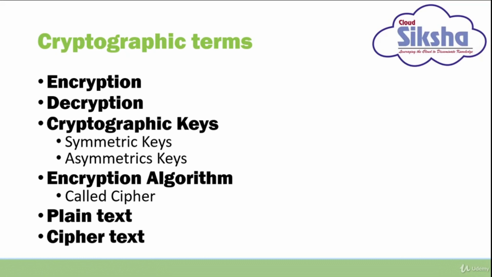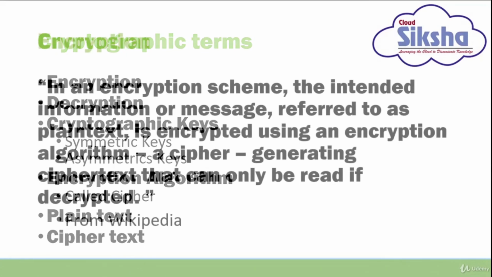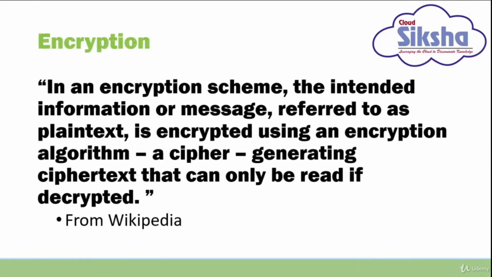Plain text here refers to any text that you're storing normally without encryption, and ciphertext refers to the text which is encrypted. But what is encryption? Let's have a look. If you take this definition from Wikipedia, encryption is a scheme where the intended information or message, which is referred to as plain text, is encrypted using an algorithm.